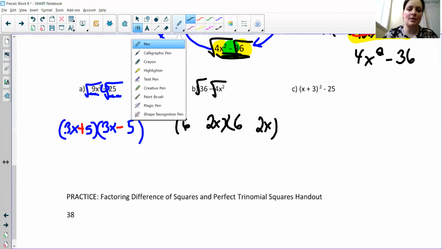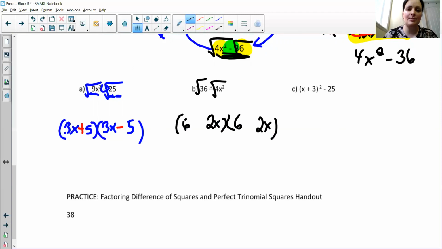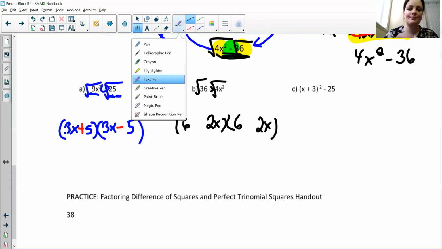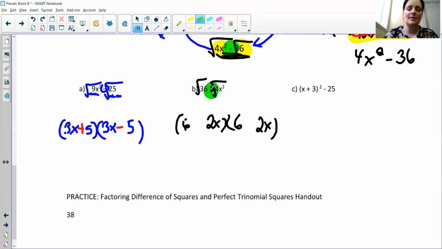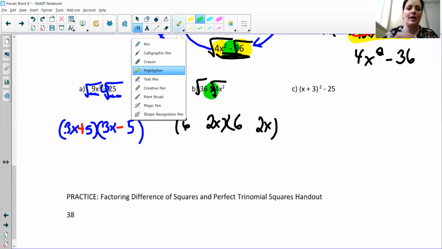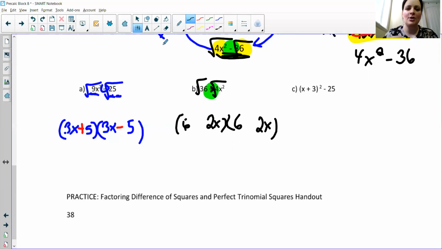And is the symbol on the second term a negative? You just can't really see it very well. But yes, it's a negative. So that means one of these terms has a positive and the second has a negative. Okay.